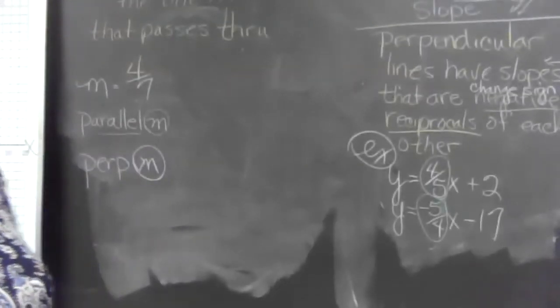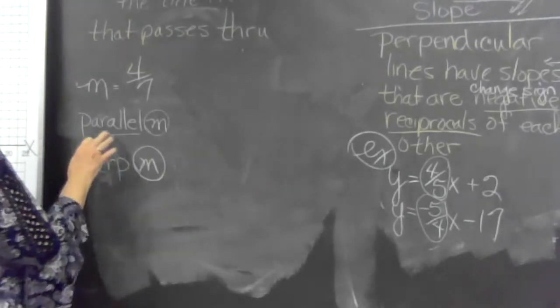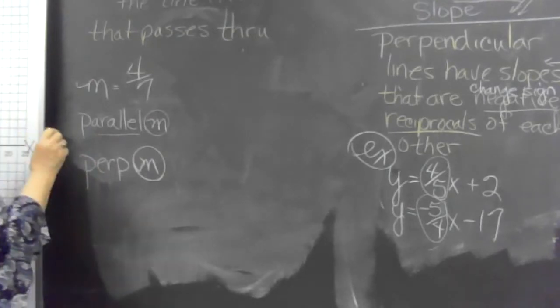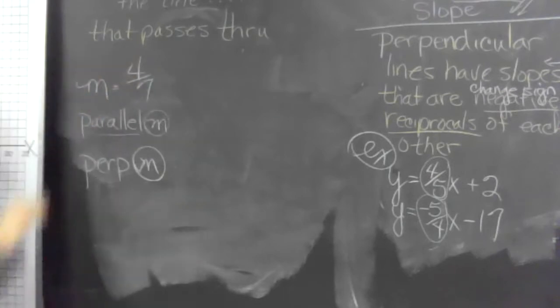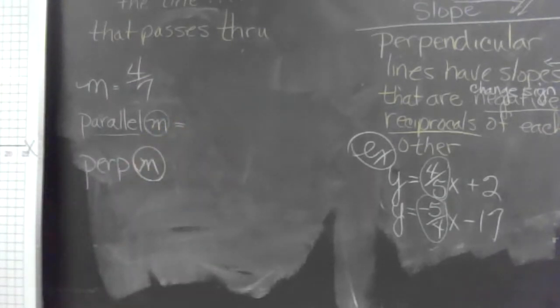Okay, I think we have it fixed, and now we're going to try this example right here, just so you can get used to what parallel slopes and perpendicular slopes are. Let's say I give you a slope of 4/7. What will the parallel slope be to this slope? Parallel lines have the same slope.